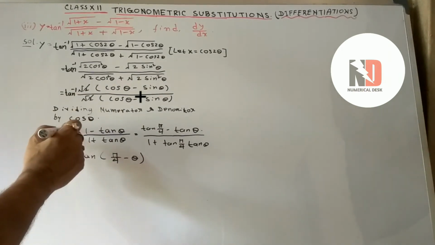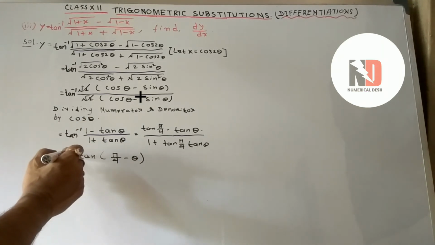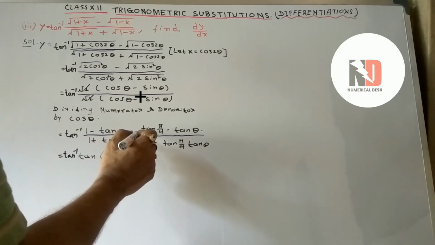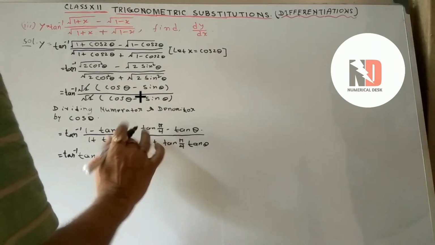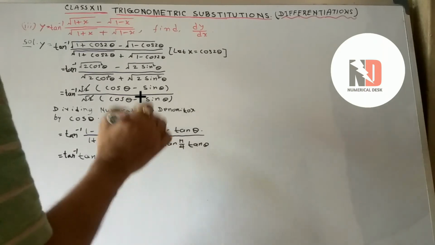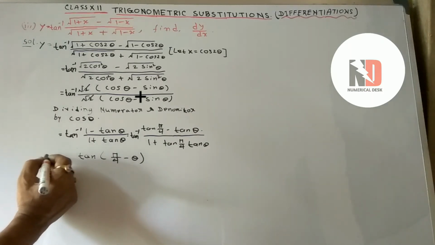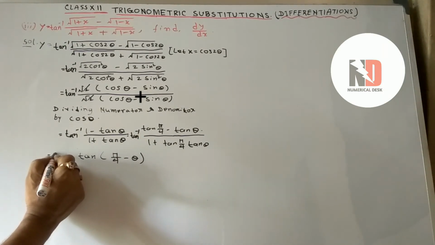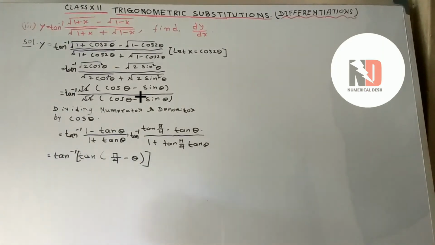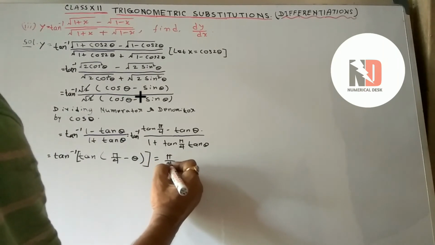There is tan inverse everywhere, so the tan will be removed. So it is equal to tan inverse tan of pi by 4 minus theta, and so tan is removed, it is pi by 4 minus theta.